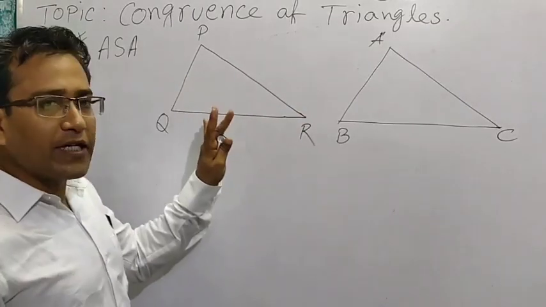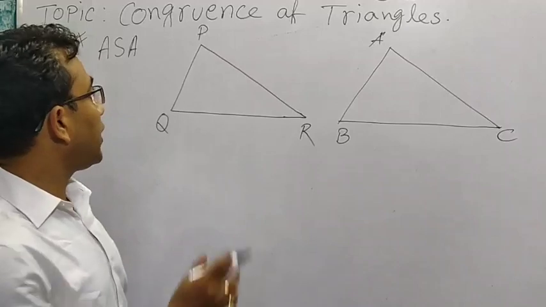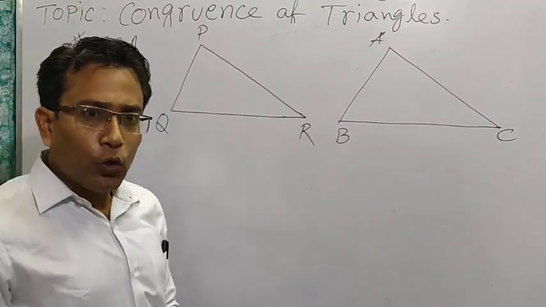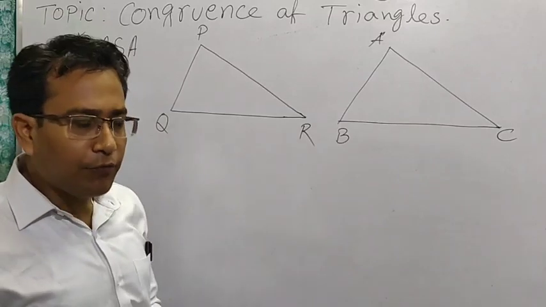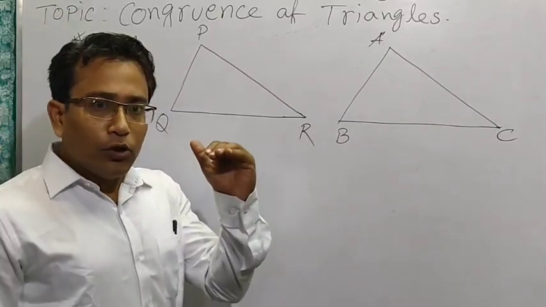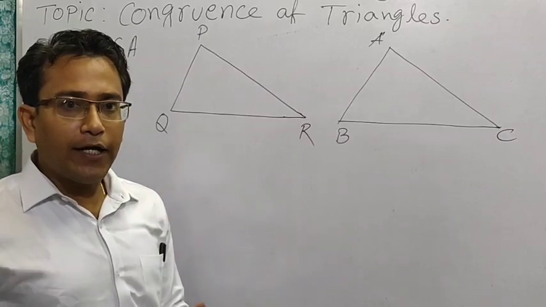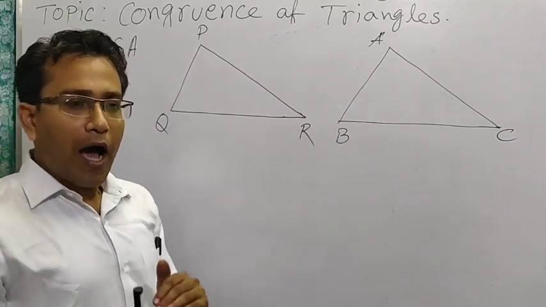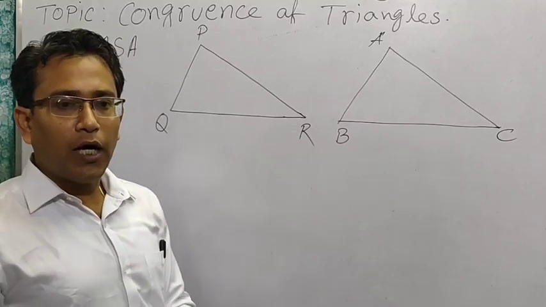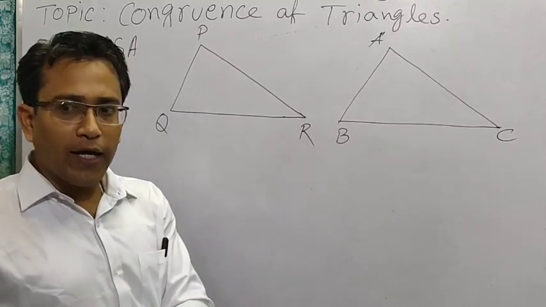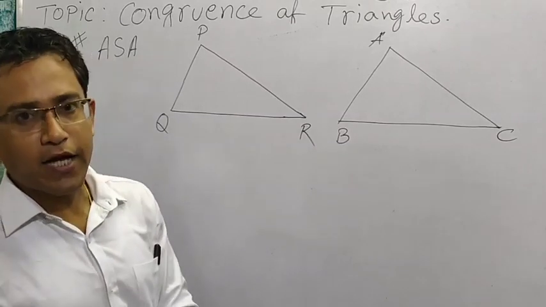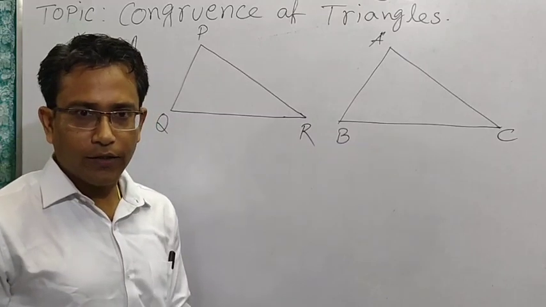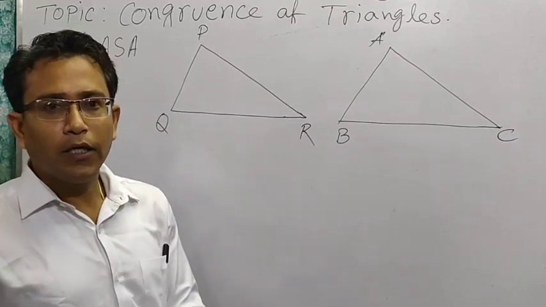Every triangle has three sides and three angles. Here the rule is: two triangles are congruent if two angles and their included side of one triangle are equal to the corresponding two angles and included side of the other triangle. I am repeating it.